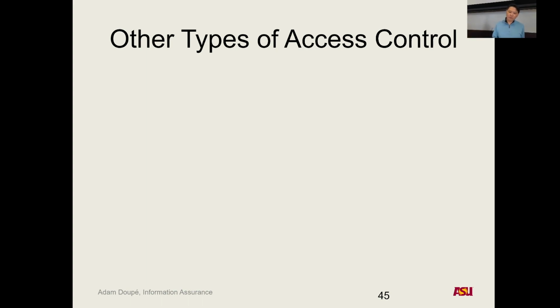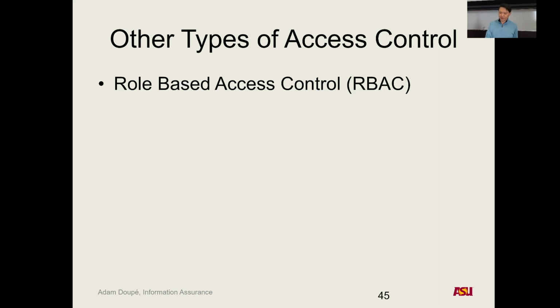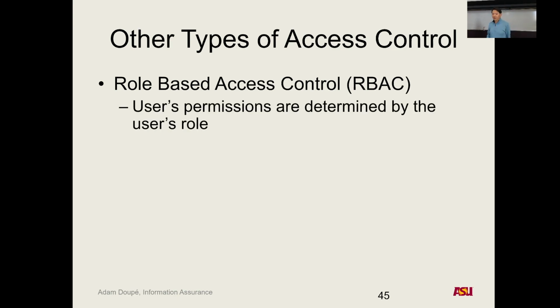Like the Linux model that we can see, they use a DAC model, so users can define permissions, but sometimes they define group roles and assign them to the users. That is not DAC or MAC, so we call that the role-based access control model. Users' permissions are determined by the users' roles, based on one of the groups.